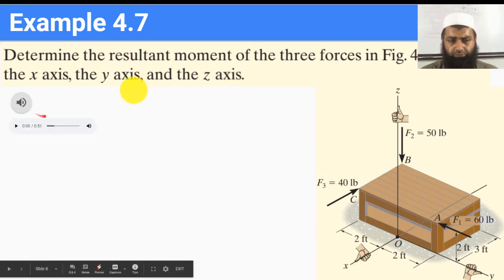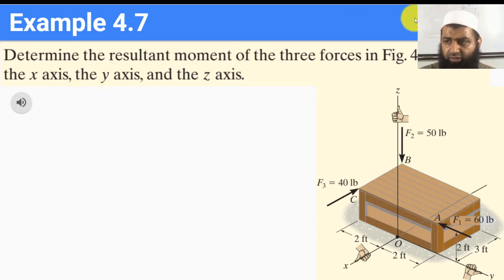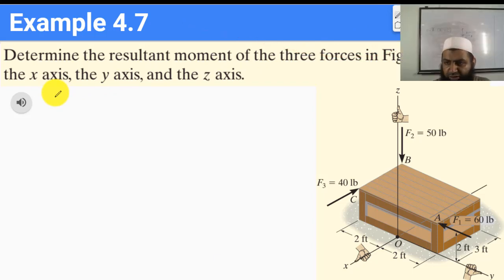We know that the resultant moment is just the sum of all the individual moments, and this is true for a moment about a point and for a moment about an axis. So we start off by finding the moment about the x-axis.